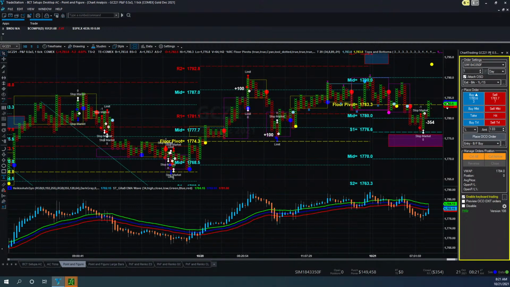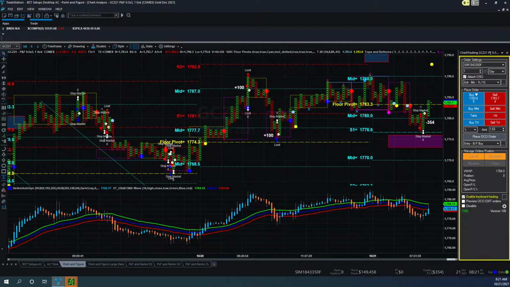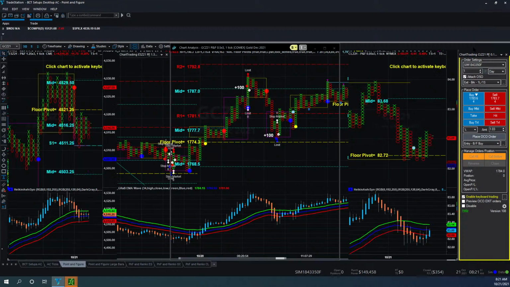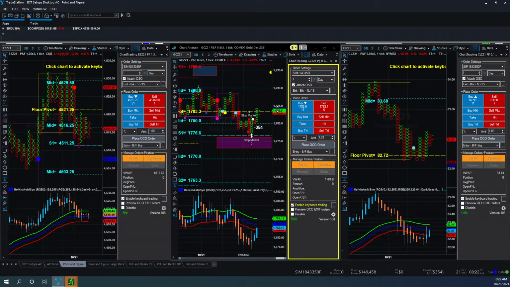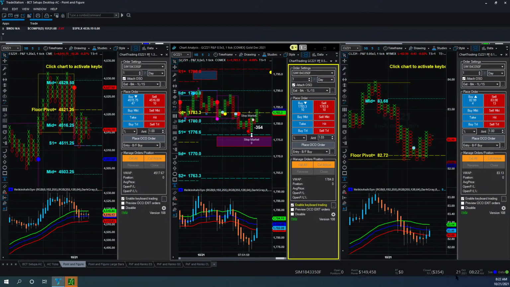Just for one tick. Crazy. Gold pit, ghost pit open, and it's moving to the upside.